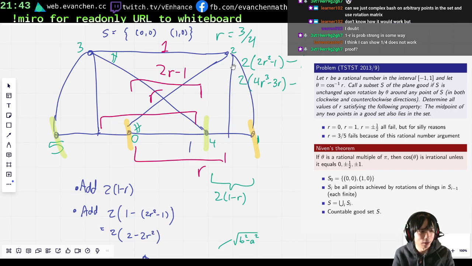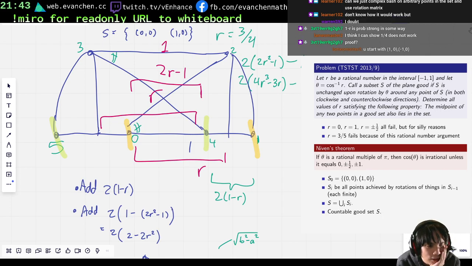If I plug in r equals 1/4, I get minus a half, which just means I need to do the construction in a mirrored way, right? Or, no. Wait, it means I can go here. I'm so confused. What is going on?